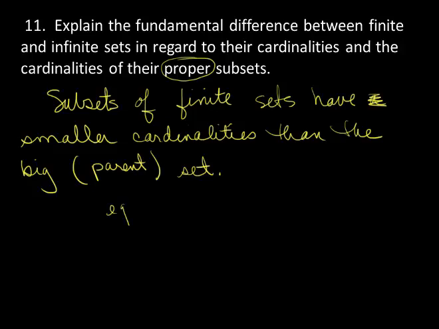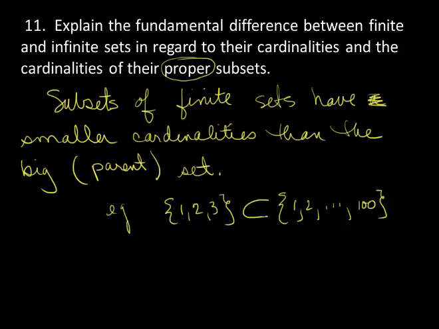For example, if I take the set of numbers 1, 2, up to 100, and I take a subset, the set containing 1, 2, and 3, that is a subset, but the subset has cardinality 3, and the larger set, the big set, has cardinality 100.